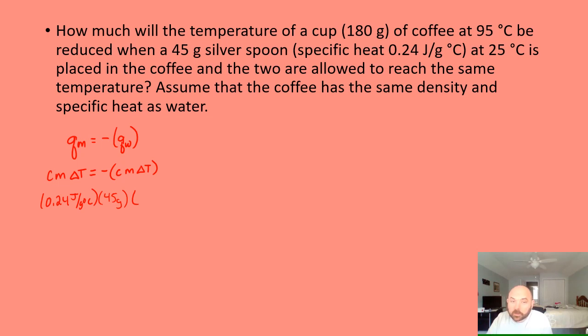So we don't know the final temperature. We're asked to find the final temperature for both of these substances, the spoon and the coffee, and we want to keep in mind that the spoon and the coffee will both reach the same temperature, so they both will have the same TF. The initial temperature of the spoon is 25 degrees Celsius.